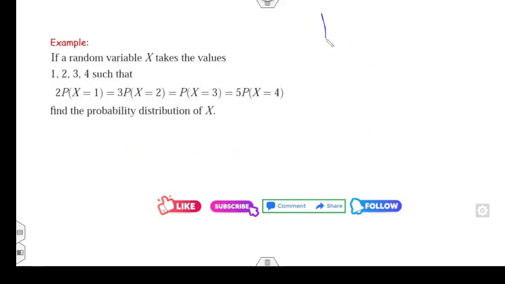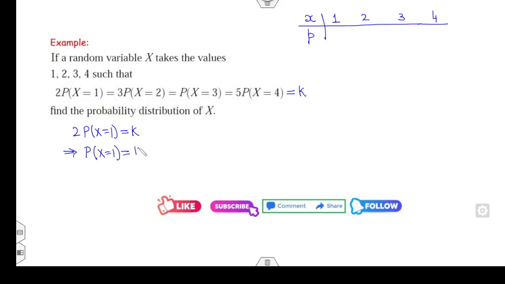A random variable x consists of the 4 values 1, 2, 3, 4. Then find the probability distribution, that is the target. If I assume this number is my k, then look at the first value and the k. Can you find the probability at x is equal to 1? This number is k over 2.